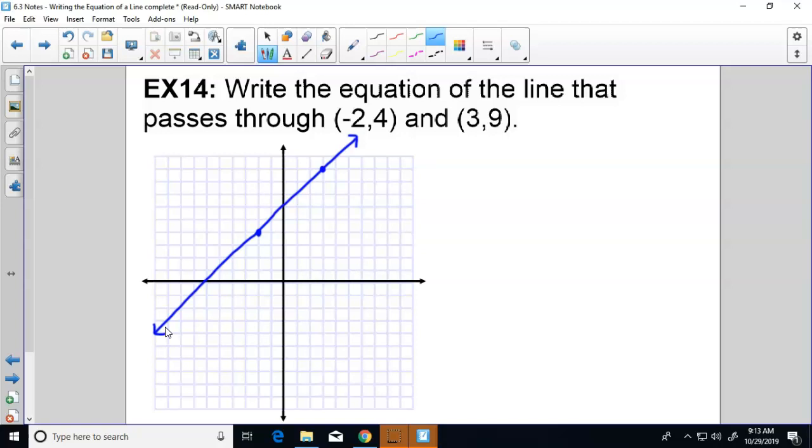And so if we graph it and it works out fairly nicely like this one, then we can just write the equation from what we've got right here, because we know y equals mx plus b. So Ian, whenever we look at that, let's do y-intercept first. What's the y-intercept of that line?